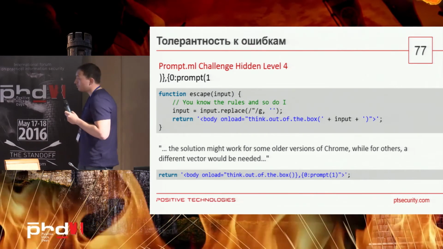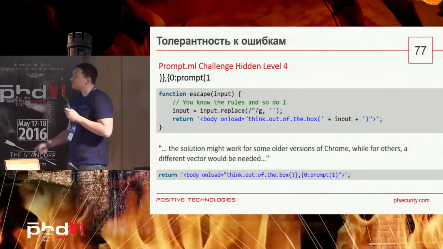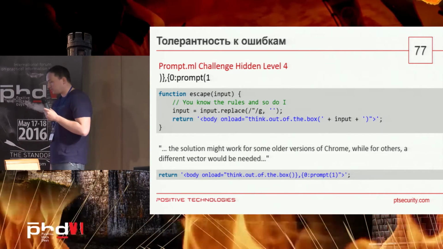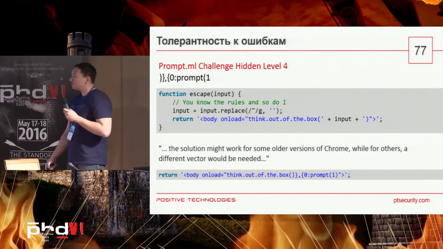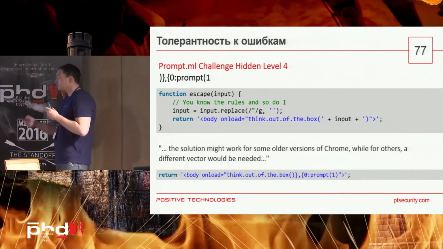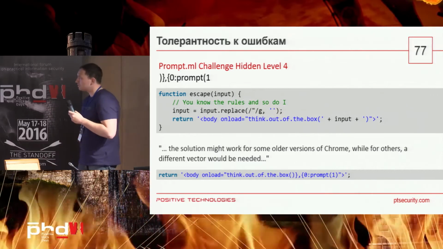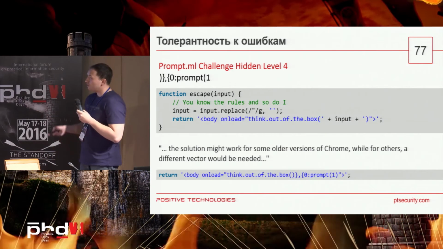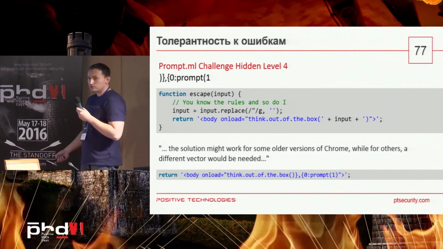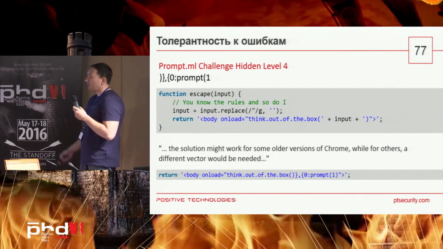So what is not supported? It's a very curious example. Several years ago, there was a famous XSS challenge with hidden levels. So this is the most difficult one, the fourth, hidden level 4. Please take note of this object.